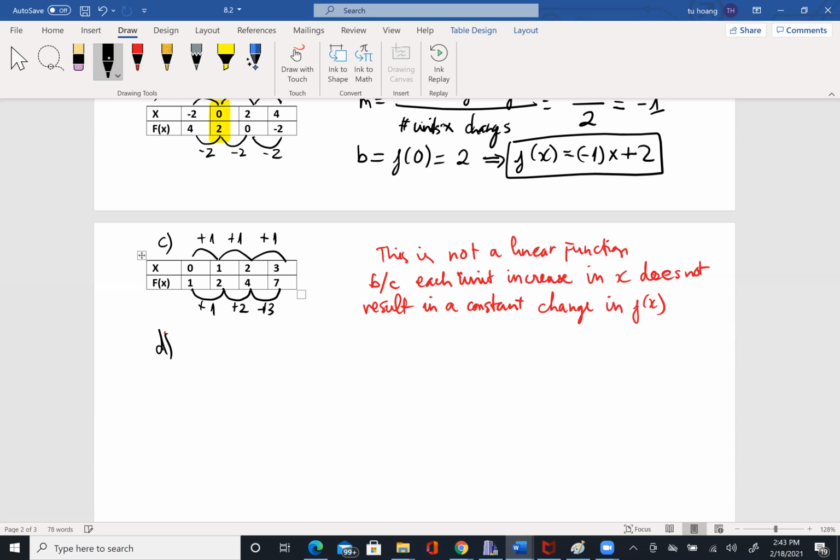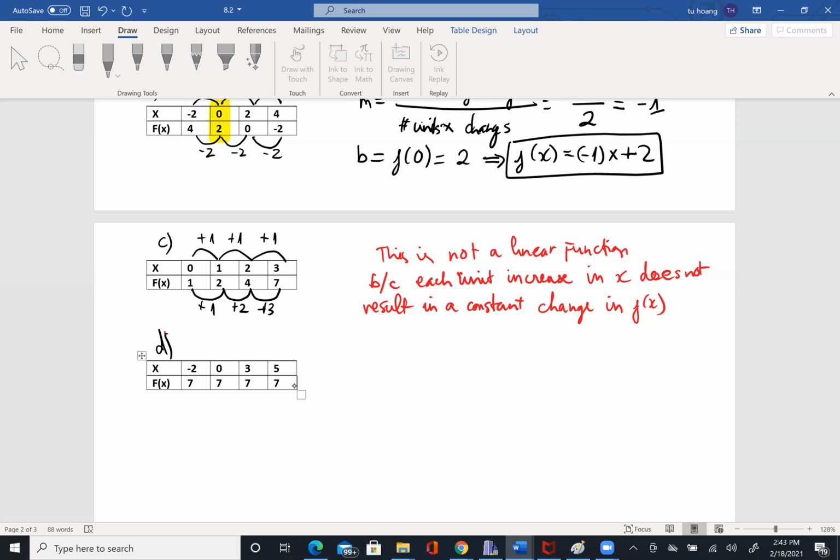D. Okay. All right. From D I have x values -2, 0, 3, and 5, and then for y it's 7, 7, 7, 7.